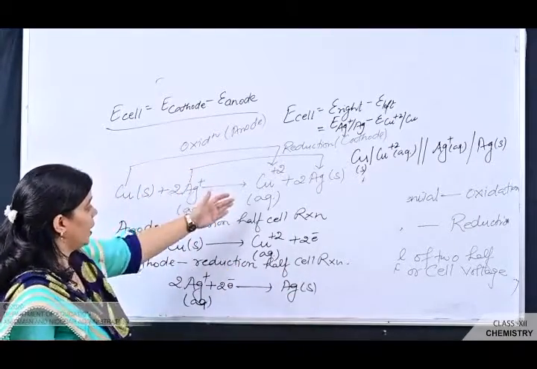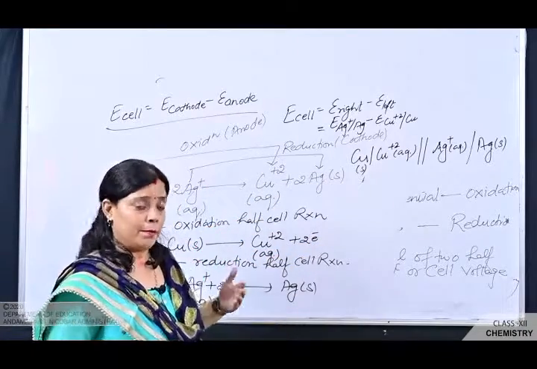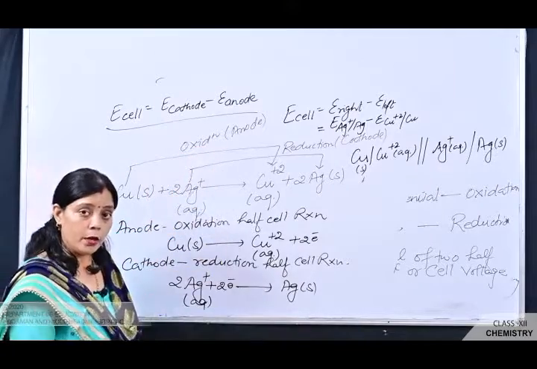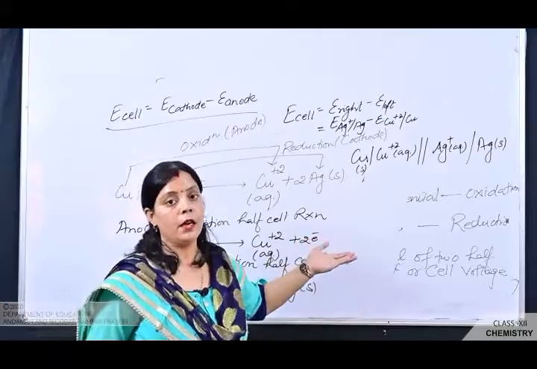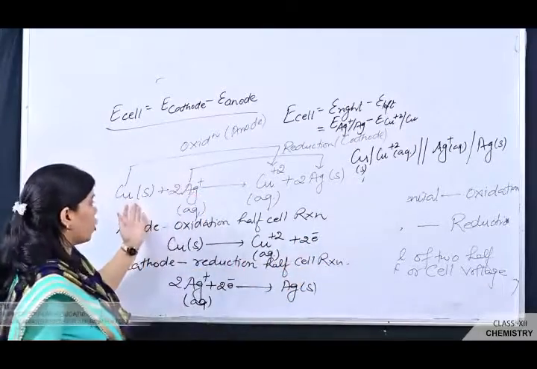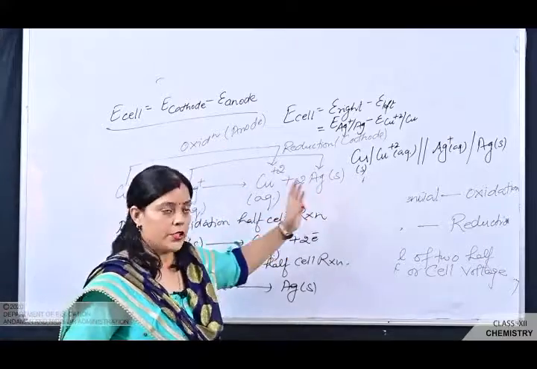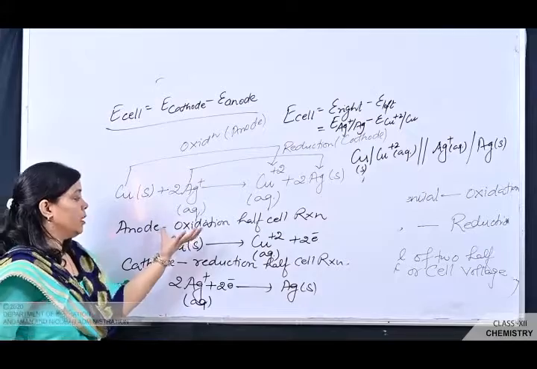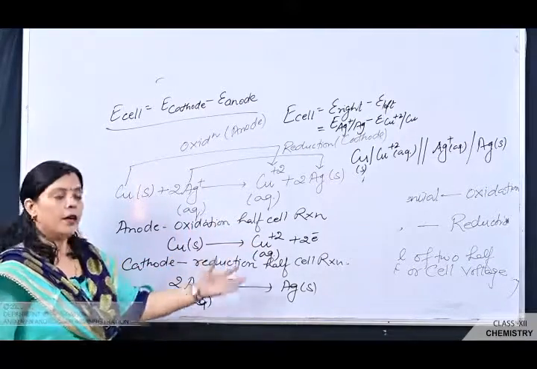By identifying the oxidation and reduction reactions, we can easily predict which element is acting as the anode, which reaction is taking place at the anode, and which reaction is taking place at the cathode. So in this, copper is converted into Cu2+, and Ag+ is converted into Ag. This is oxidation and this is reduction.